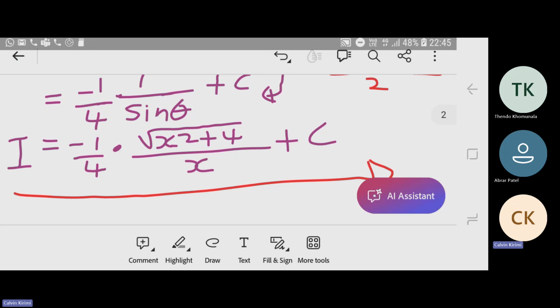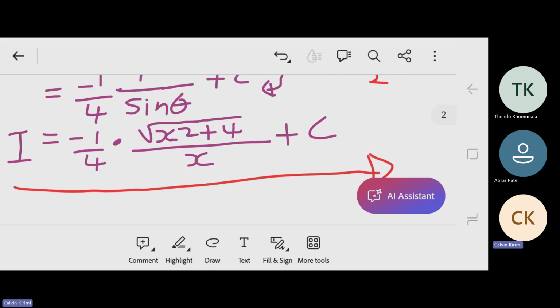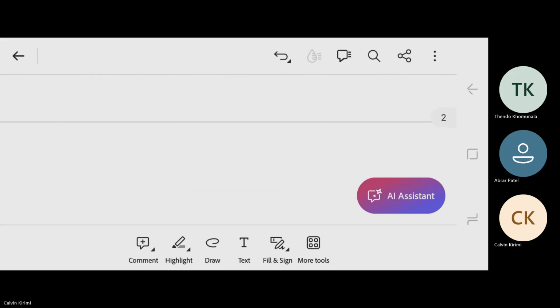Let's continue. So now we are going to have another example, which we are going to do using trigonometric substitution as well. All right.